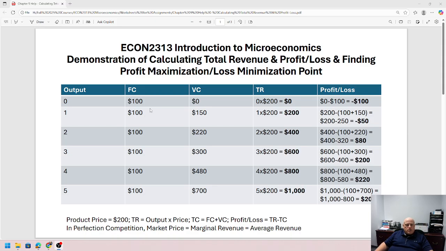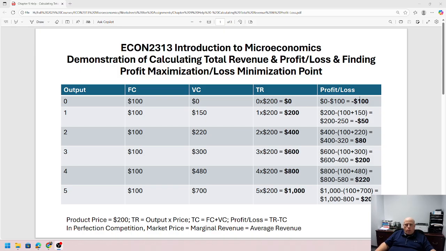Now, our variable cost, you'll notice, changes with the level of production. With 0 units of production, if we're not producing anything yet, we don't need any variable resources, so our variable cost is 0. Your total cost, again, is just your fixed cost plus your variable cost.